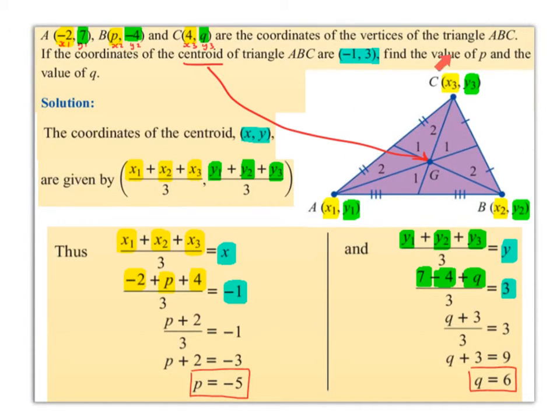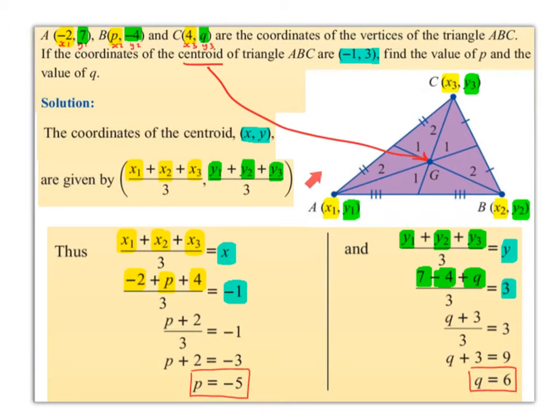So here's a triangle. We're going to label it A, B, and C, with A being x1, y1, B being x2, y2, and C being x3, y3. So the centroid of a triangle is the intersection of the medians. So if this is the line AC, then the median is the midpoint of the side AC joined to the opposite vertex or corner.